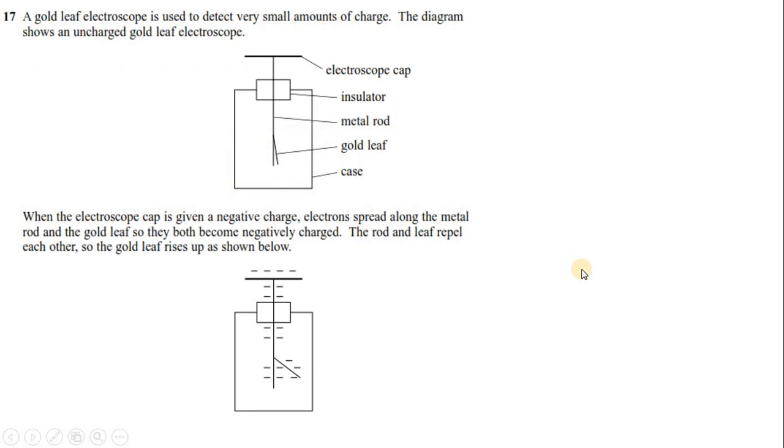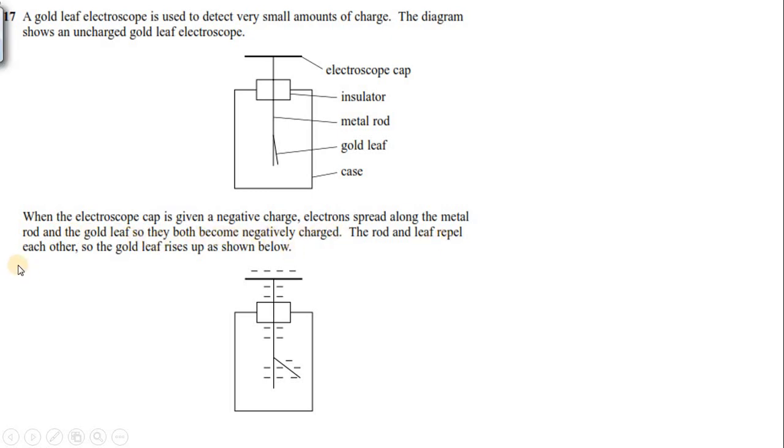Question number 17. A gold leaf electroscope is used to detect very small amounts of charge. The diagram shows an uncharged gold leaf electroscope. This is uncharged. The normal situation of a gold leaf electroscope is, this is a gold leaf and this is a metal rod. When the electroscope cap is given a negative charge, electrons spread along the metal rod and the gold leaf, so both become negatively charged.